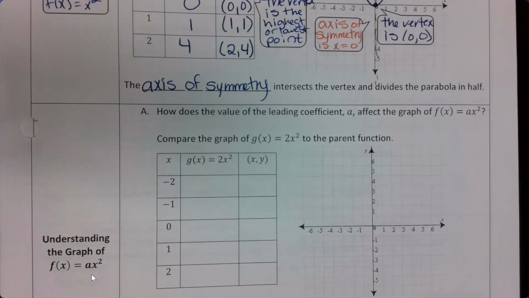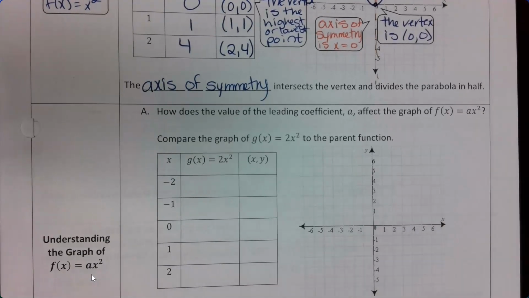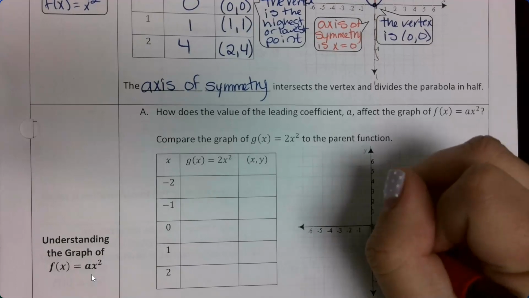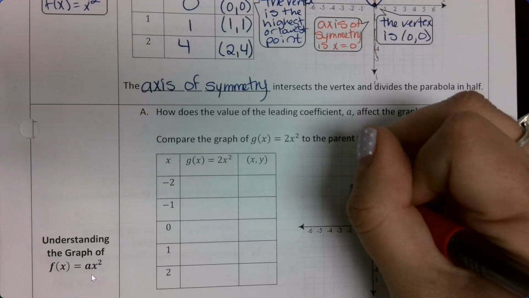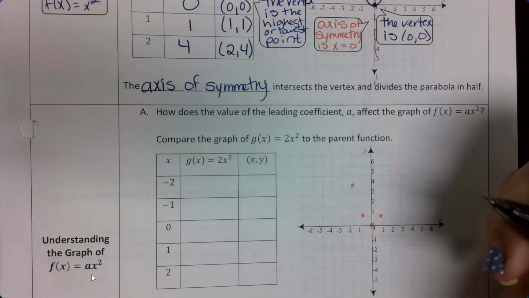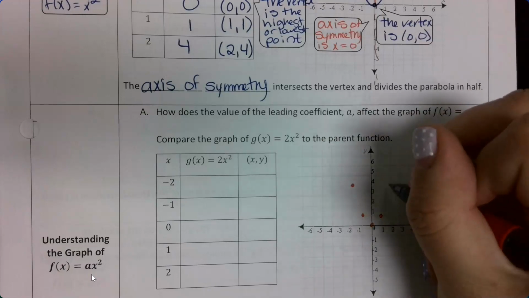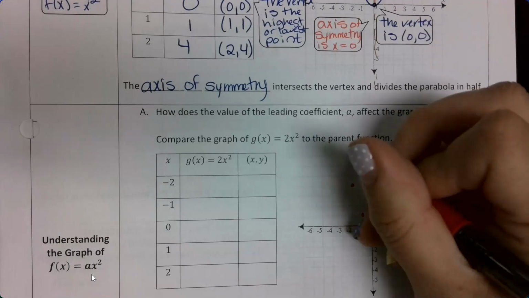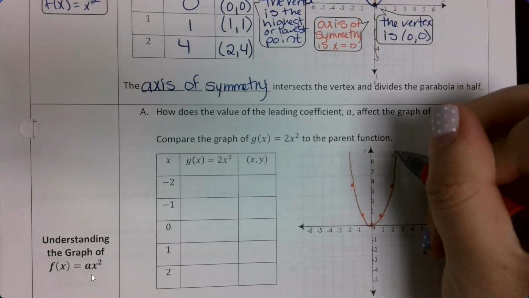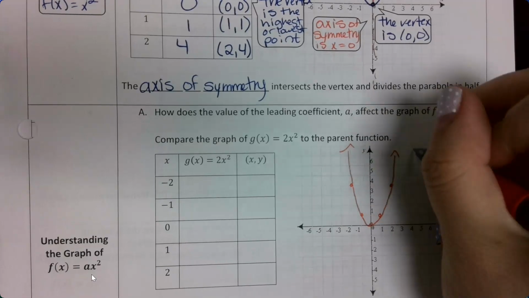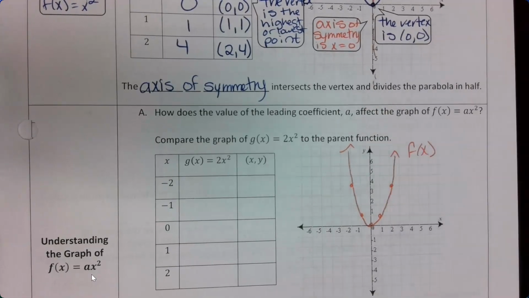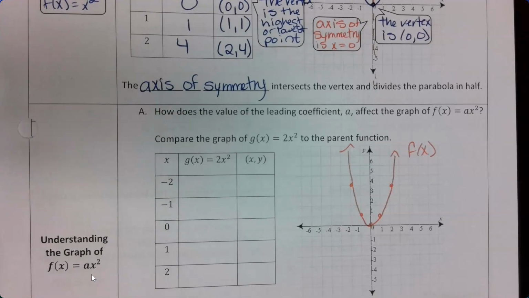That's the same graph we just did on our last problem. So that's the one that had the points at negative 2, 4, negative 1, 1, 0, 0, 1, 1, and 2, 4. Those points will always be the same for my parent function. And then remember, our parent function was called f of x. So I'm going to label this on the graph, f of x.